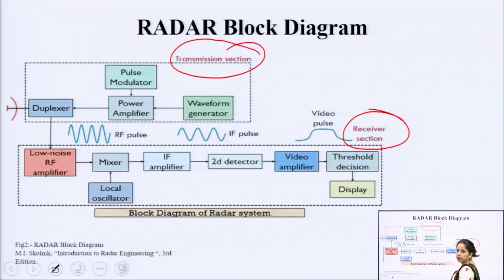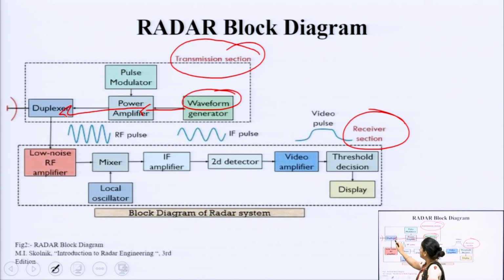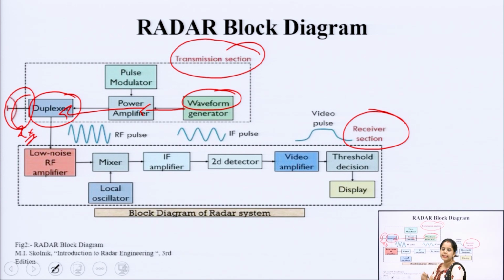Here is the waveform generator, because the signal has to be generated so that it can be transmitted, then the power amplifier, duplexer, and antenna. In the first case it will act as a transmitting antenna, and the same will act as a receiving antenna in the reverse case, when the signal is reflected from the target and has to be collected.